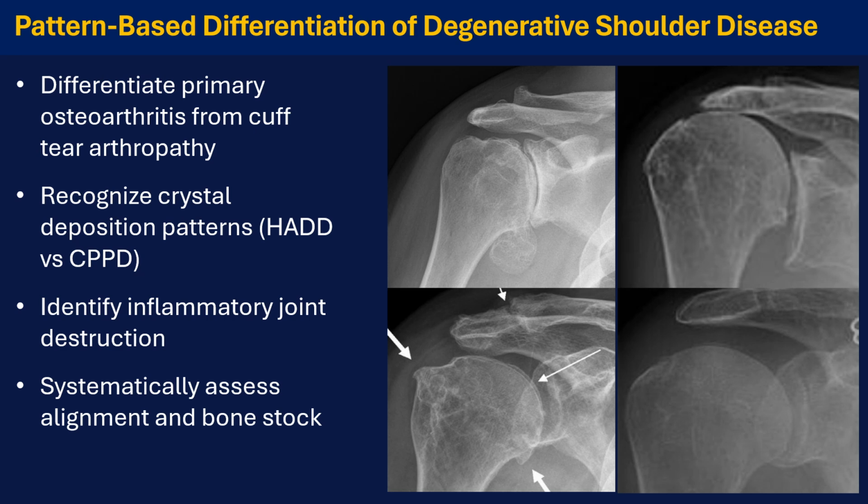Crystal deposition disease produces characteristic calcifications, which must be distinguished by morphology and location. Inflammatory arthropathy results in uniform joint space narrowing, marginal erosions, and bone loss rather than bone production. A structured pattern-based approach prevents misclassification and improves diagnostic accuracy.